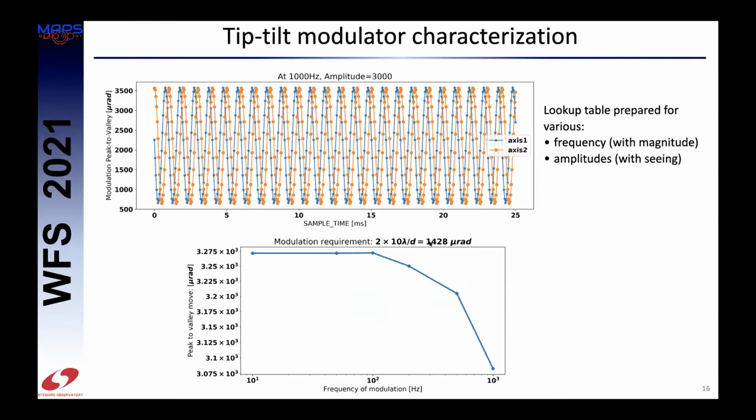We require around 1500 microradians to do the 10 lambda over D modulation, but we can do around 3000 microradians, which is two times above the requirement. So we can do 10 lambda over D modulation at 1 kilohertz easily.